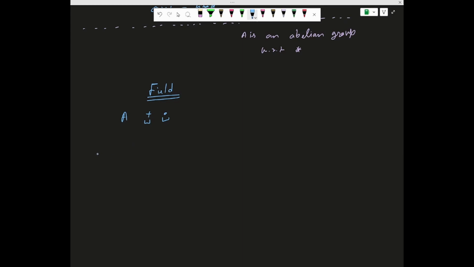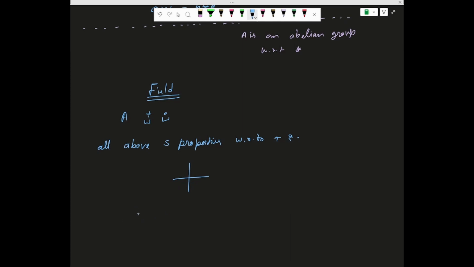So I'm writing all the above 5 properties with respect to plus and dot, plus some remaining points. A big plus means apart from these properties we should have a few more things.